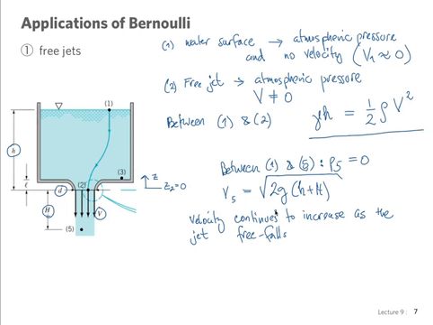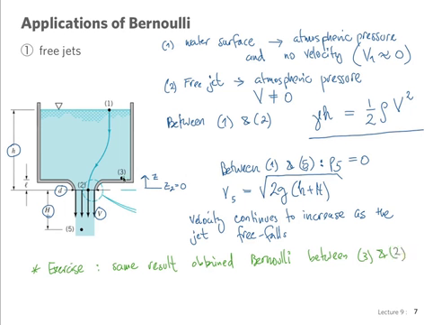Now this is a very classic result from really fundamental, basic physics. But as an exercise, try to obtain the same result using Bernoulli between 3 and 2, 3 being right there at the bottom.